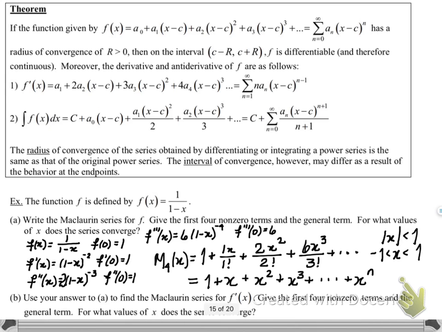Well, this is a geometric series, and it would be true for all values where the absolute value of x is less than 1. So x would have to be somewhere between negative 1 and 1. You do need to test the endpoints.